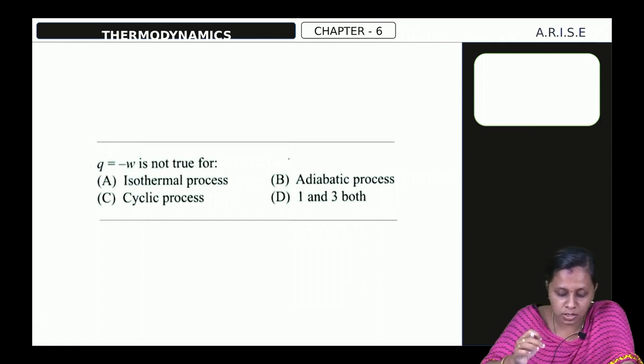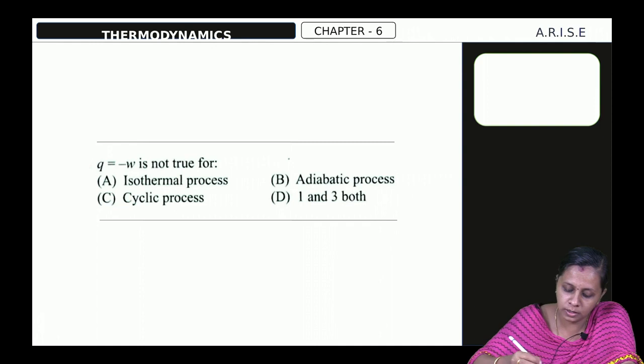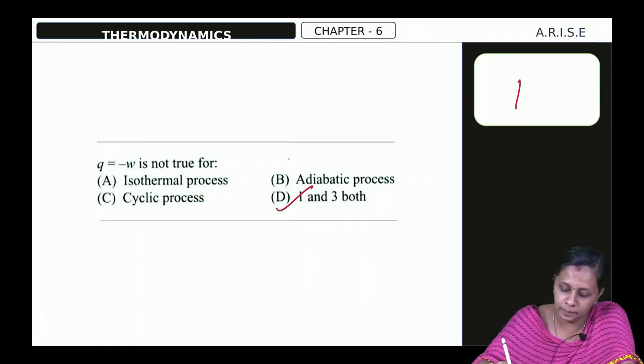And for a cyclic process, the initial state and final state are the same. It is actually 1 and 3 both, that is for isothermal and adiabatic. So it is option D.